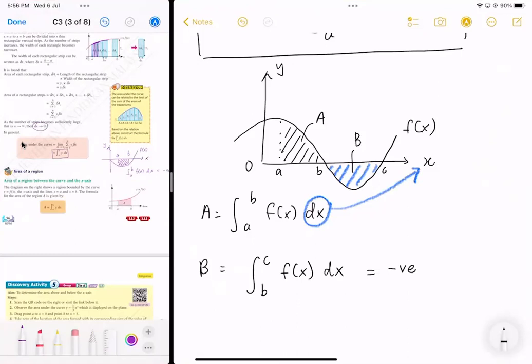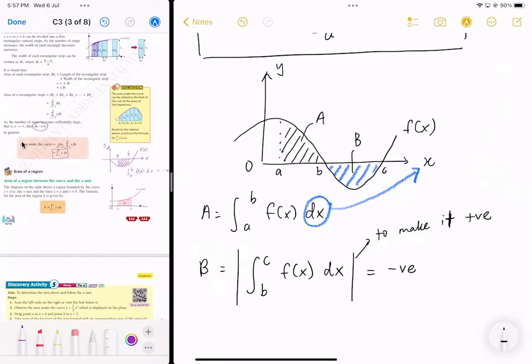But when it comes to area, it cannot be negative. We need to put a modulus to make sure it becomes positive. Understand? So that's why you have to be careful. If they give you a drawing, it's easy to see. But if they don't, they may require you to draw out the curve, then integrate.